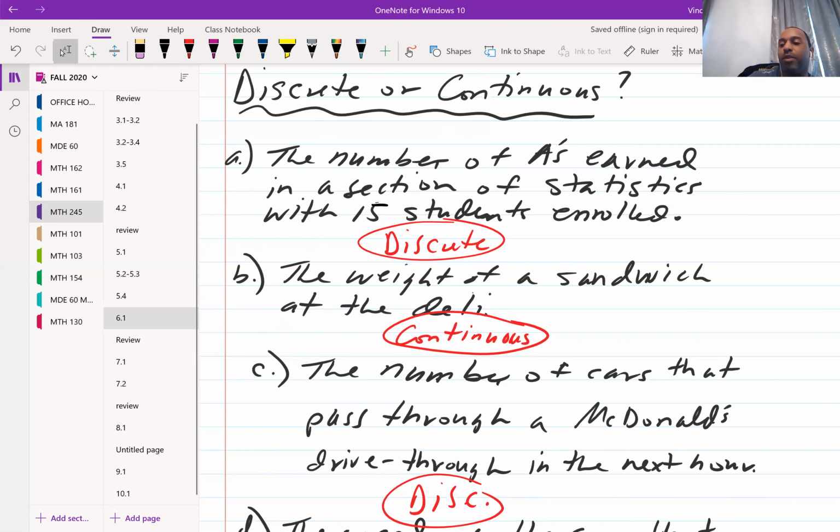There's no such thing as a third of a car that passes through the McDonald's drive-through. Any questions?